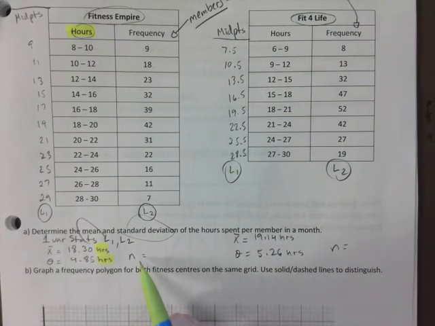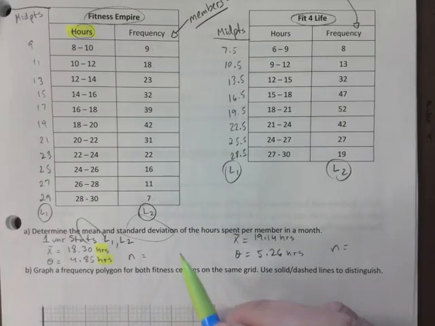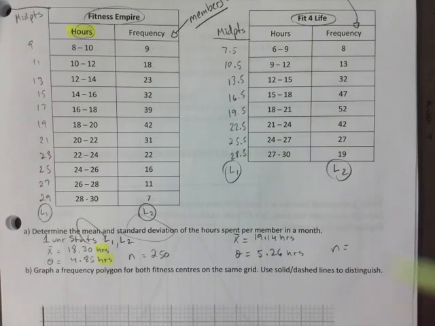Did someone add this up? Did you, Kelly? 250? You added them, right? This adds up to 250. Yeah, I'm just going to go with it. It looks right. It sounds right to me. Did anybody add up this one right here? Yeah. 240 for this one?